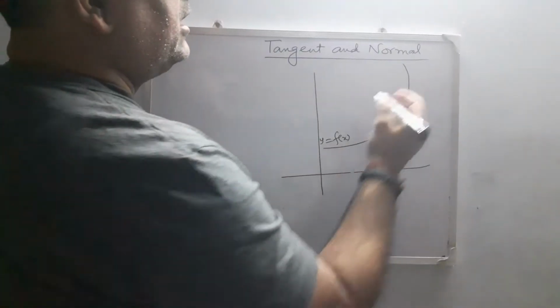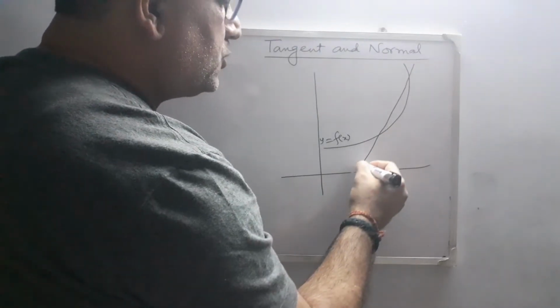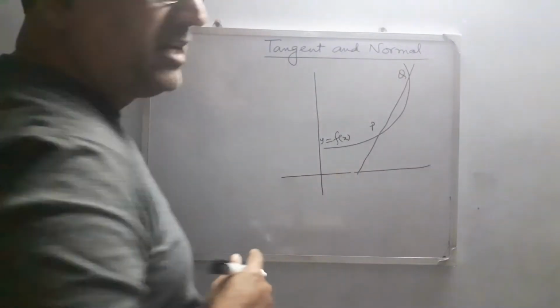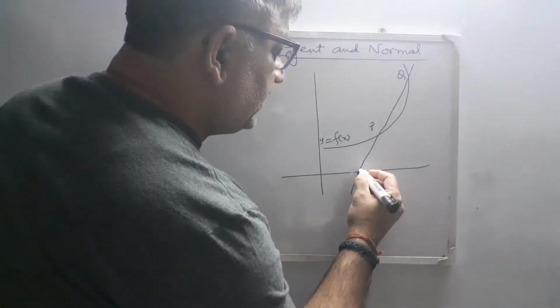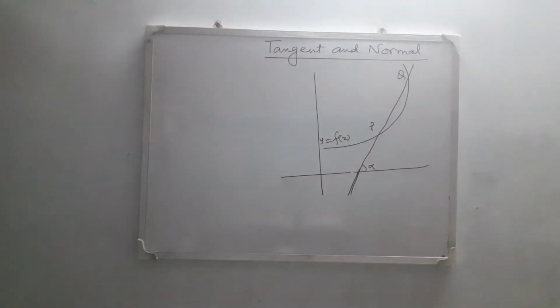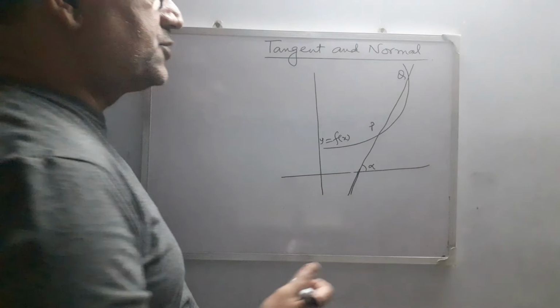Say now suppose there is a line which cuts this curve at 2 points. One is P and another one is Q, PQ. Now, this line PQ makes an angle alpha with positive direction of x-axis.